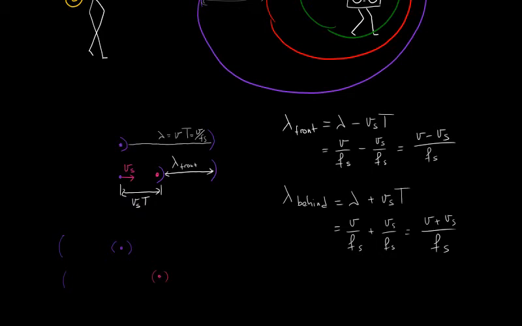To visualize this, let's imagine this is the original source, original wave, and from here to here we have the wavelength lambda.